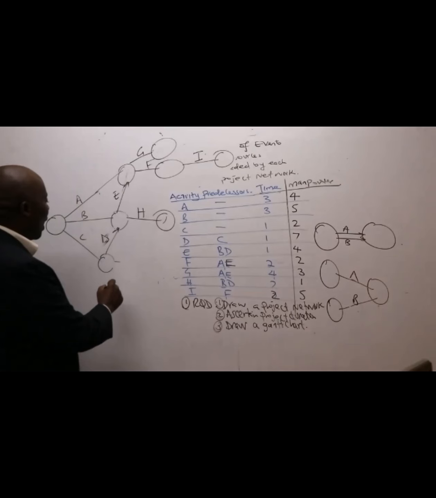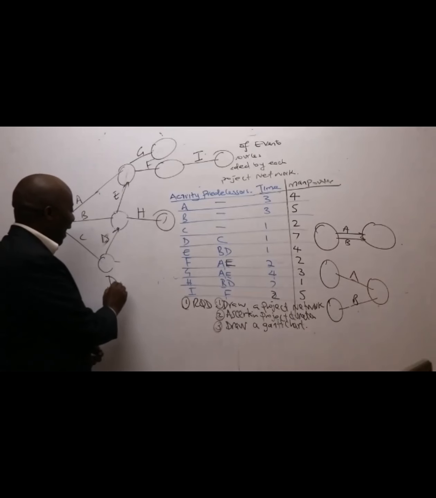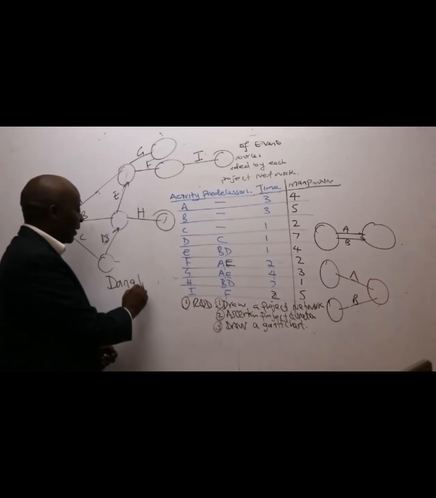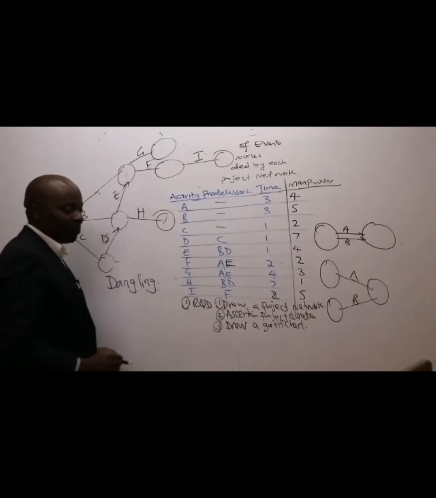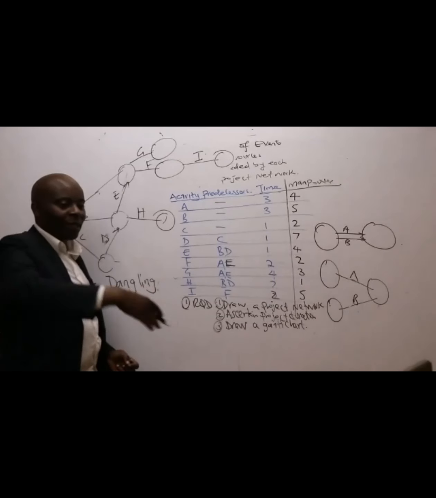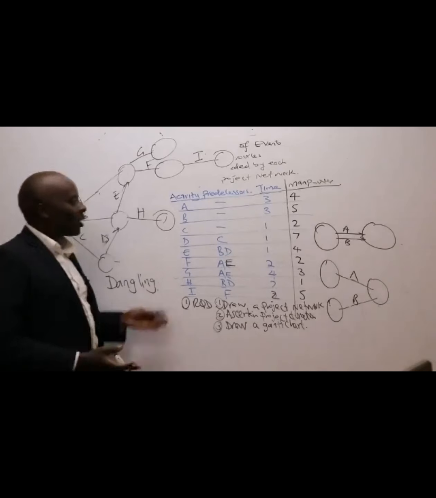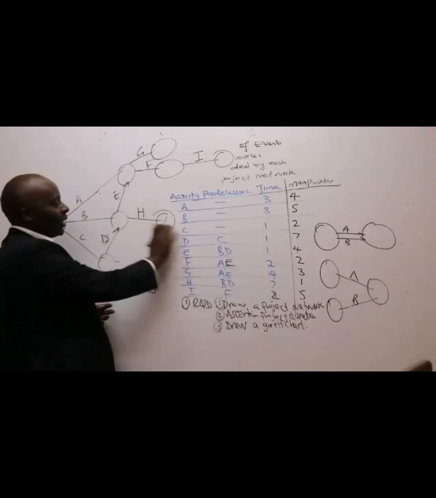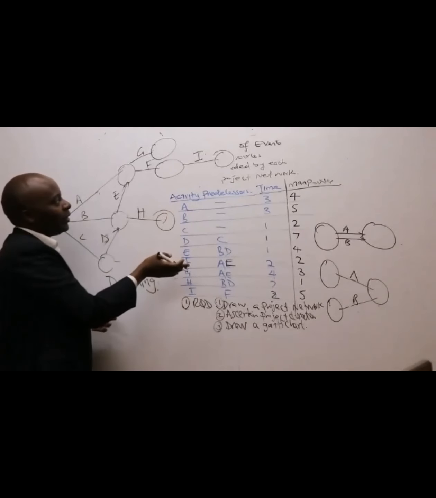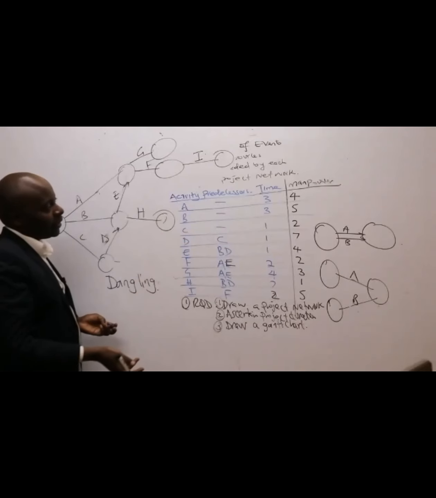In the professional language, we call them dangling. Dangling is like when you walk in town and you have a form, you pass Moi Avenue, Kenyatta Avenue, it is called dangling. So if these activities have no form, you see this hanging, H, I is hanging. Then you have got G is hanging like that.